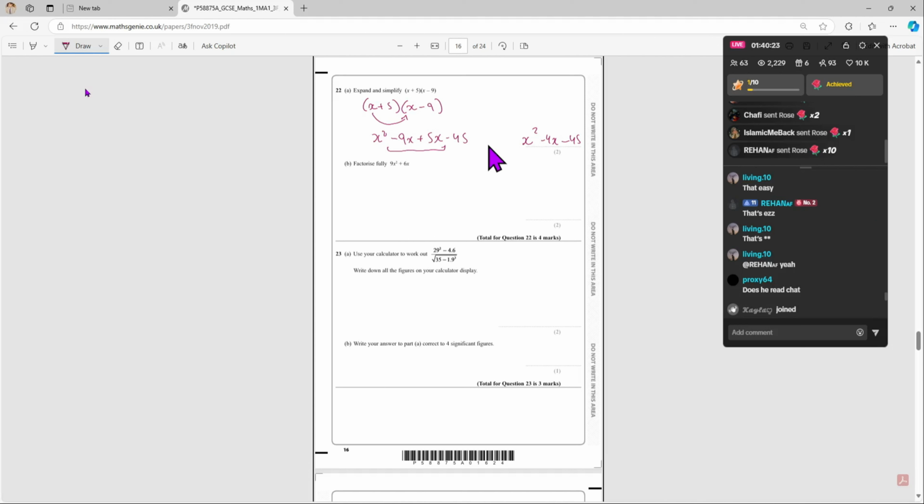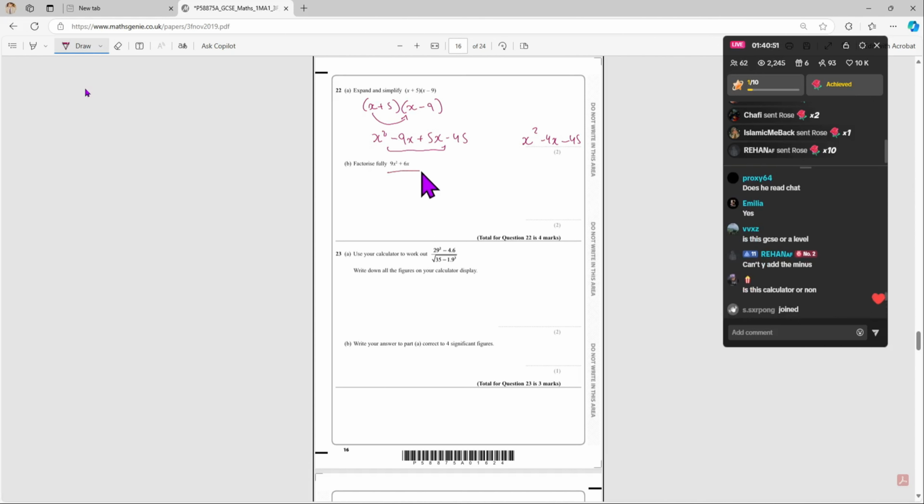So, that was an easy question. Factorize fully 9x squared plus 6x. So whenever we're factorizing, we have to find the highest common factor.